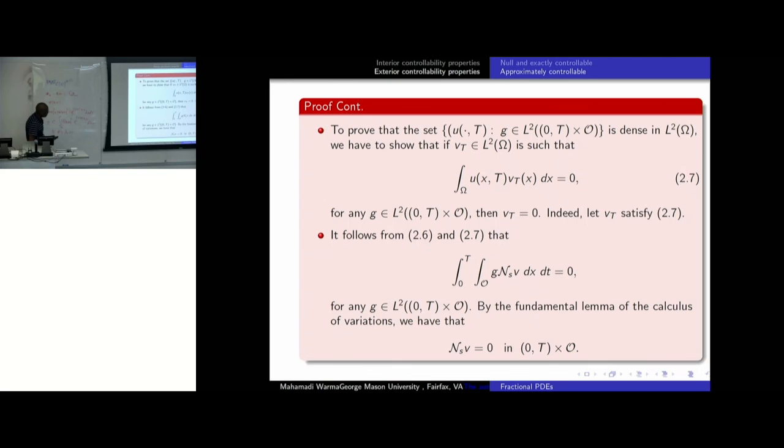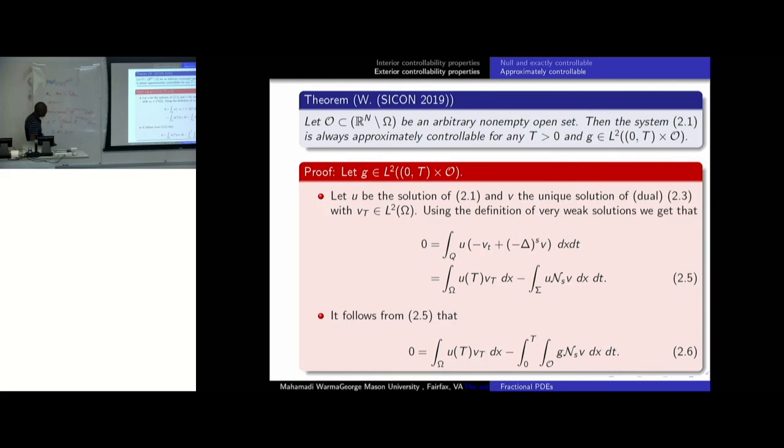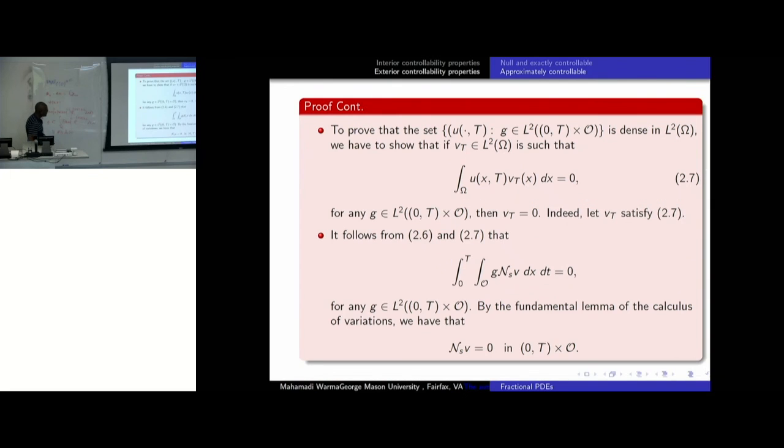From what we have here, that one is 0, and before, this difference is 0, which gives that the integral of g times the non-local normal derivative of v is 0 for any g. Then the fundamental lemma of calculus of variations says that the normal derivative is 0 on (0,T) times O, and the unique continuation property gives that the solution of the backward system is 0.